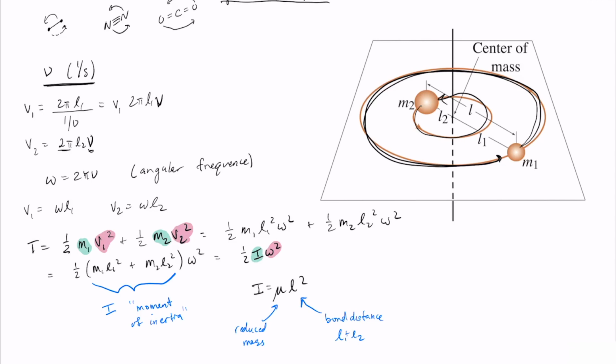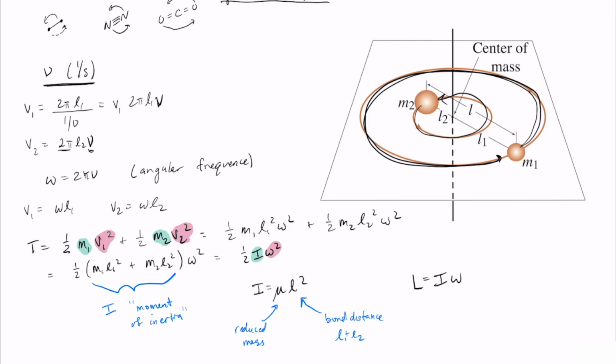Okay, let's make one more definition to really draw out this analogy between linear momentum and angular momentum. Right, and what we're going to do is define this thing called angular momentum, which is L equal to I omega, right?